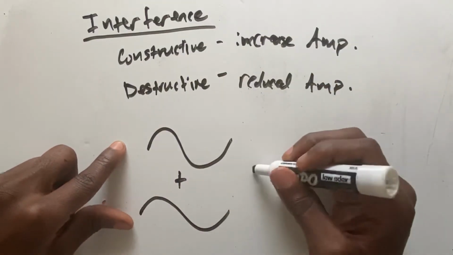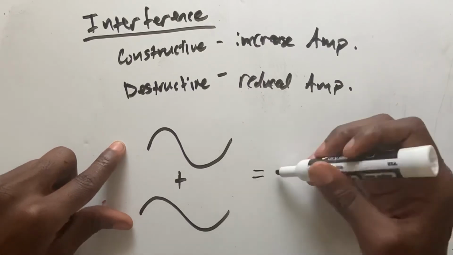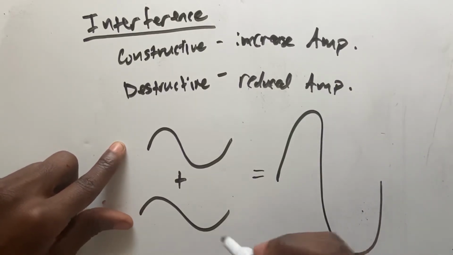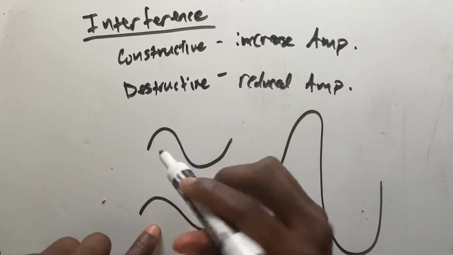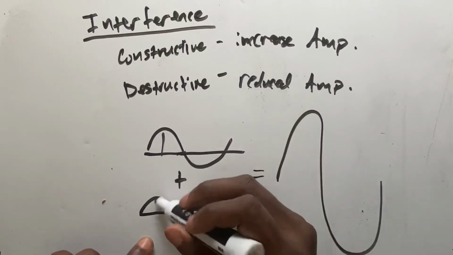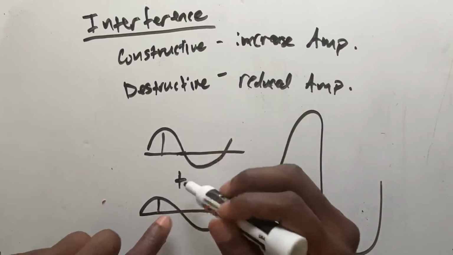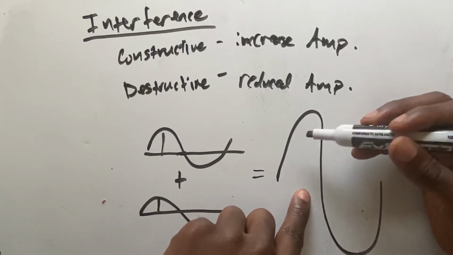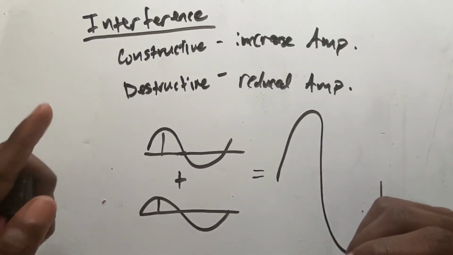Meaning that when these two objects interfere, we get a new wave that's way bigger. See how these two amplitudes add up to make this big amplitude because they interfere constructively.